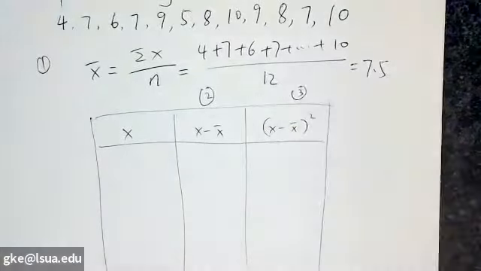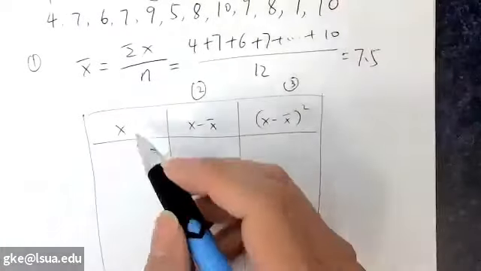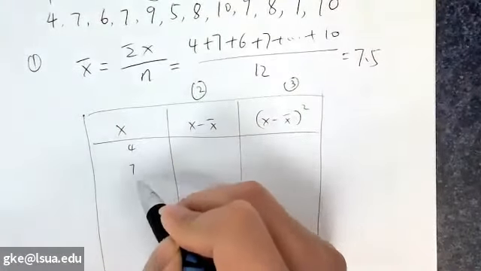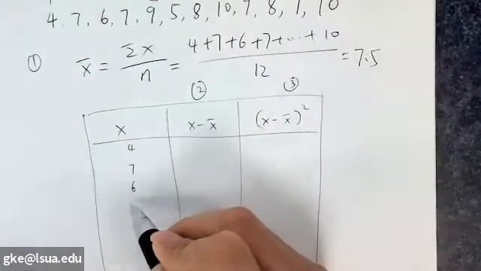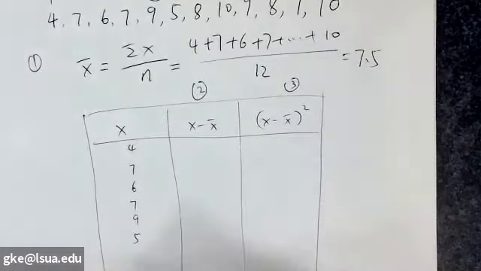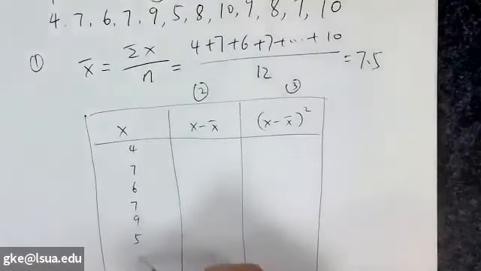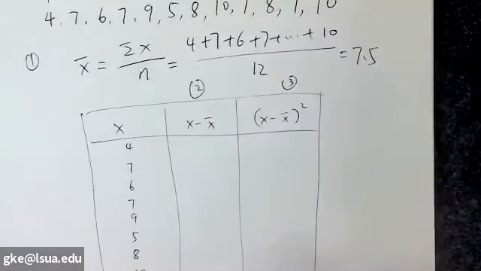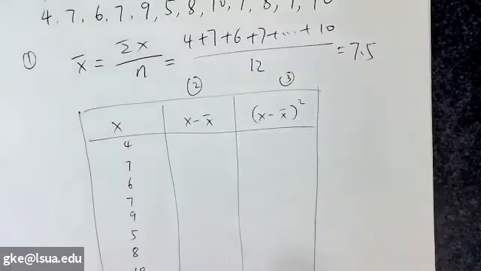That's the third step. Then 4, 7, 6, 7, 9, 5, 8, 10, 9, 8, 7, 10.